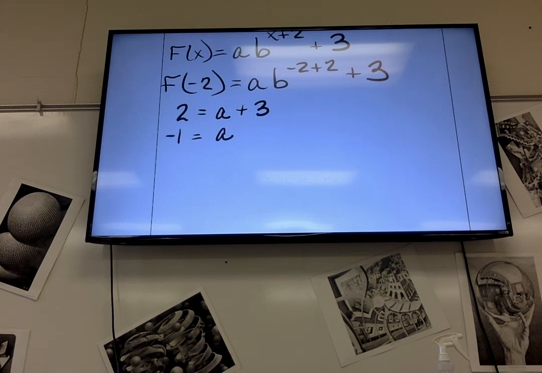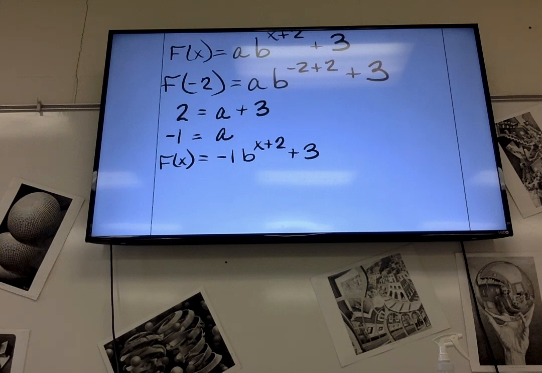Negative 1. Which we said it should have been less than 0. It should have been negative because it was below the horizontal asymptote. So now we have f of x equals negative 1 times b to the x plus 2, plus 3.